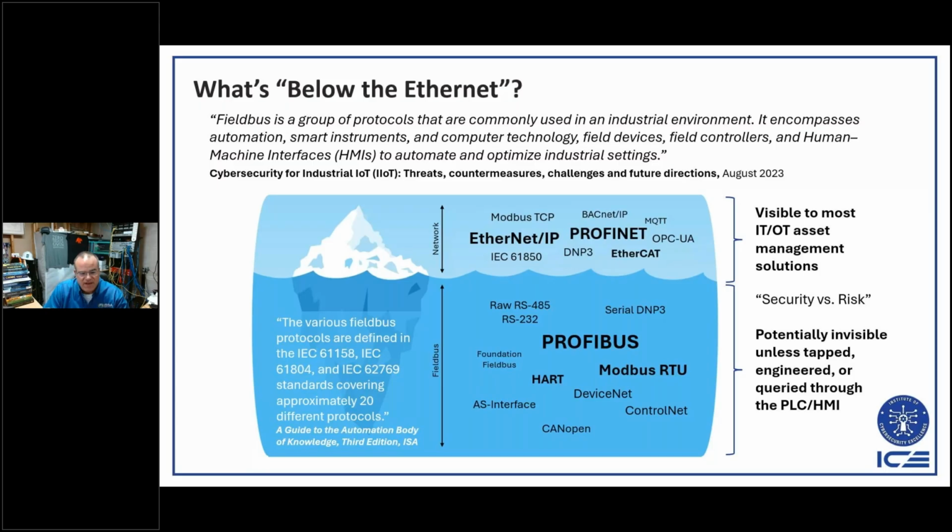As we see below the waterline, it could be Profibus, Modbus RTU, ControlNet, or DeviceNet, but these are not going to be your IP network types of communication. It's going to be below that line or adjacent to it.